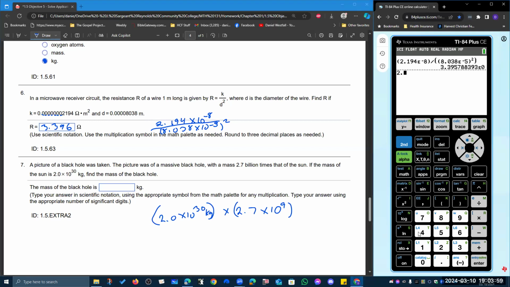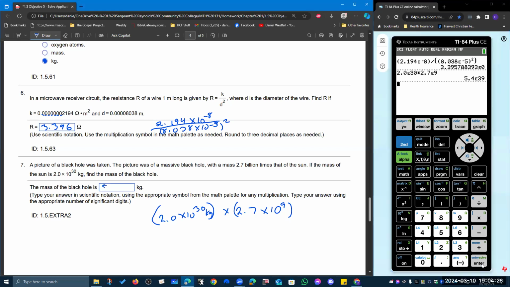So 2.0 second EE 30 times 2.7 second EE 9 is, and then we're going to use 2 significant digits here.